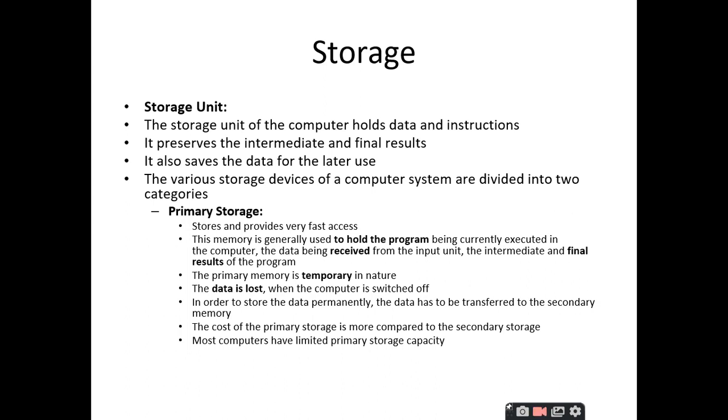We have both types of storages: temporary storage and permanent storage also. That we will discuss. But the main purpose of the storage unit is to store or hold the data and the instructions. And any intermediate results that are generated are also stored inside the storage units only.